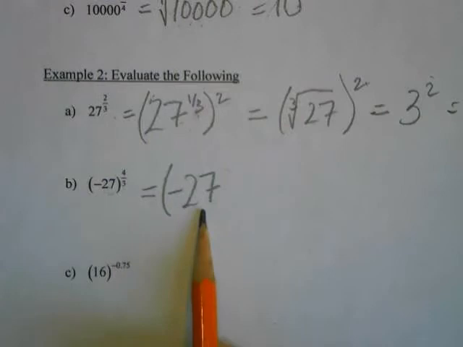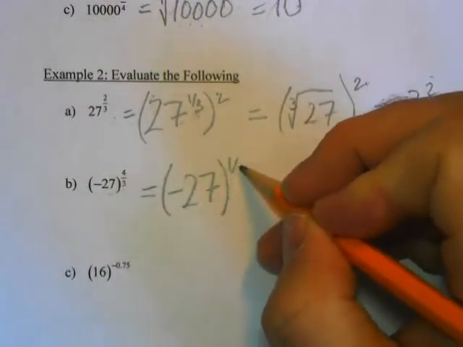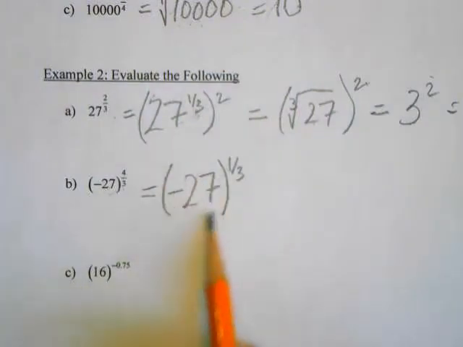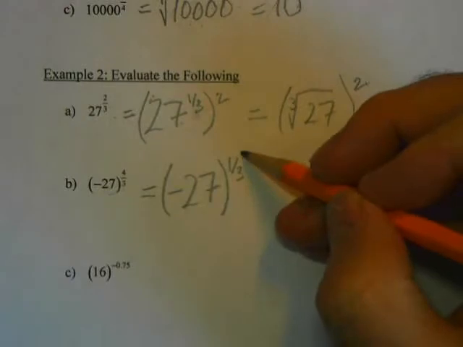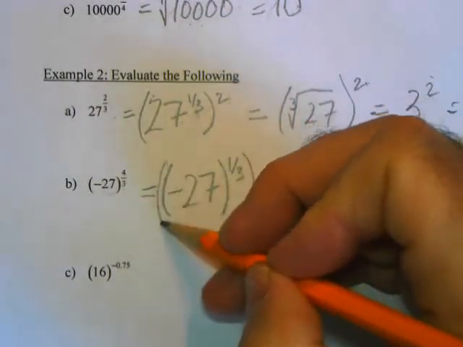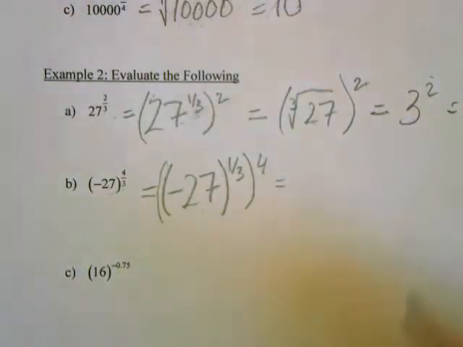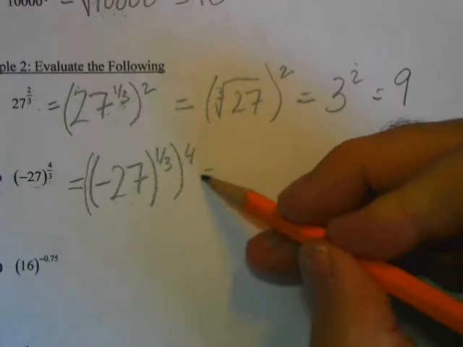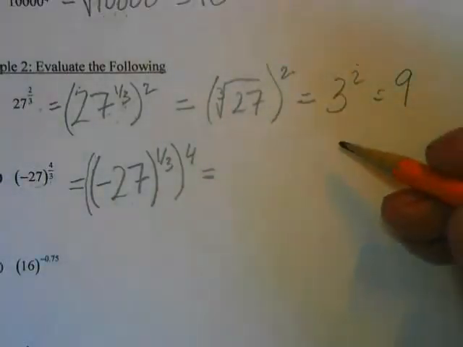That says that the base is negative 27. So I put brackets just around the base, and then I put the 1/3, and then I'm going to put another set of brackets with the power of 4. I know there's lots of brackets, but brackets a lot of times will help you understand it better. So don't be afraid to use brackets to make it clear for yourself.